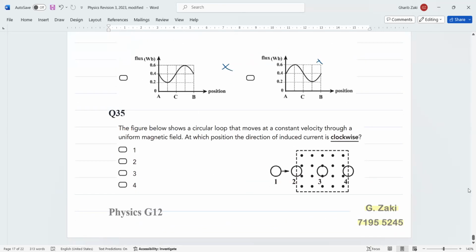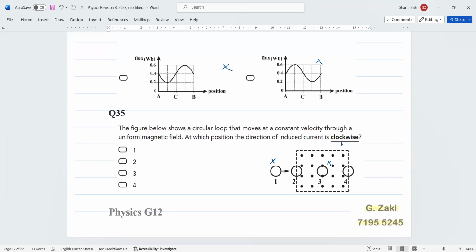Last one. Last one, we're using Fleming right hand or right hand grip. Okay, Fleming right hand. Now, look please at this. The figure in a circle loop shows which one has clockwise current. Of course, number 1 is wrong, no change. Number 3, no current. Now we have 2 and 3. Look, guys, please.